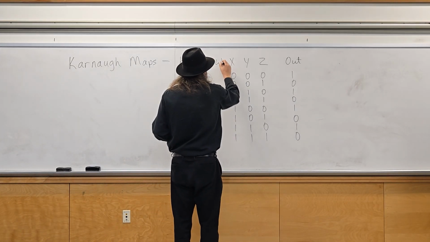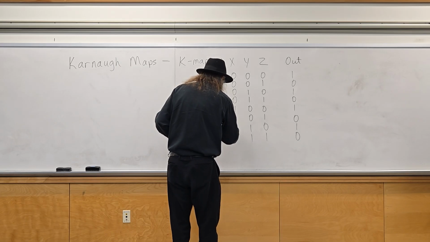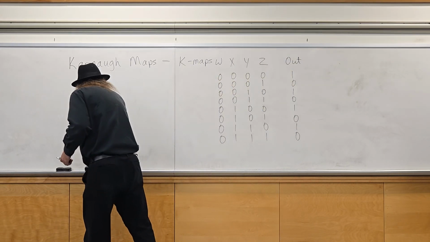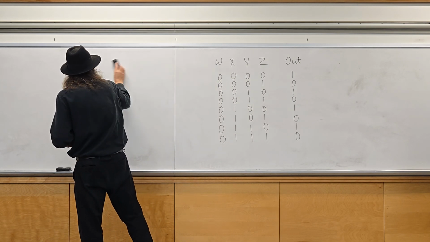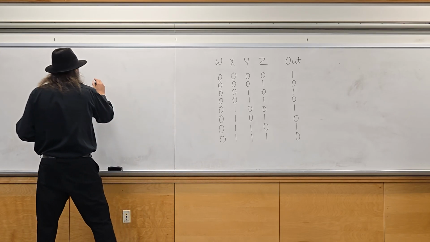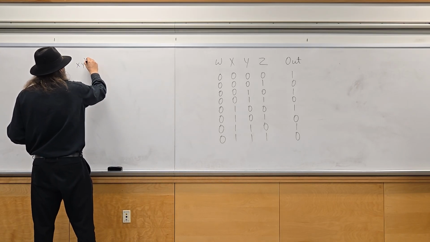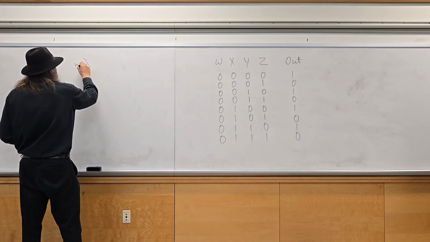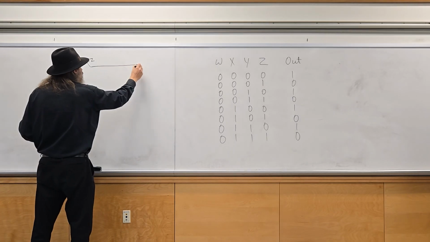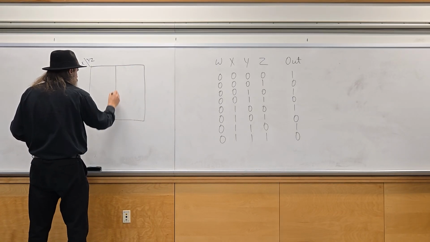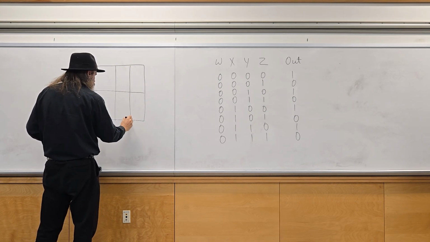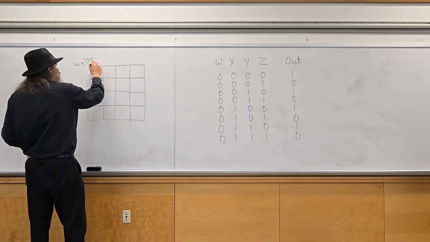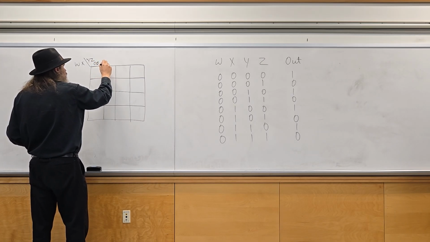Let's do W, X, Y, Z. Again, start with 0, 0, and then change 1 bit at a time.